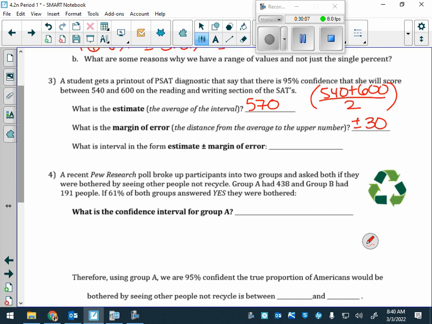So what would my interval look like? Perfect. So this is what the interval would look like, your estimate plus or minus margin of error. And then eventually, if we were doing a confidence statement, we would include that. So either one's fine.